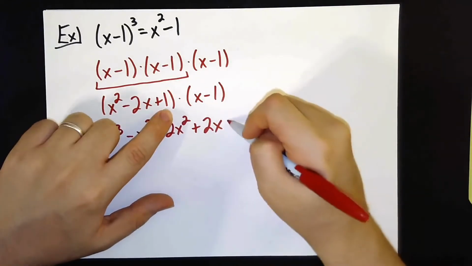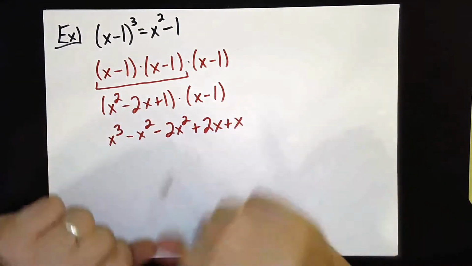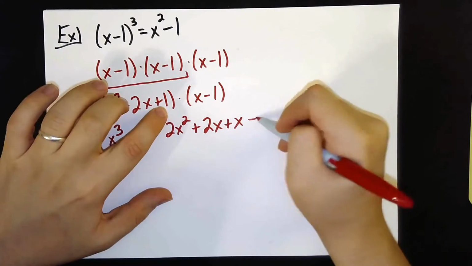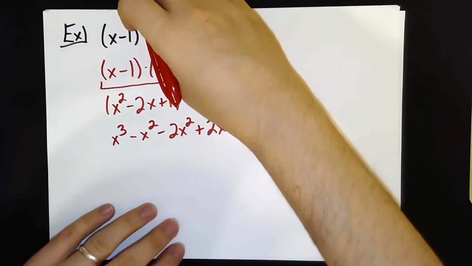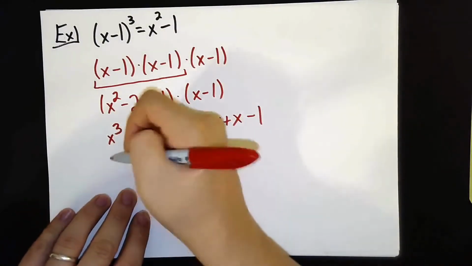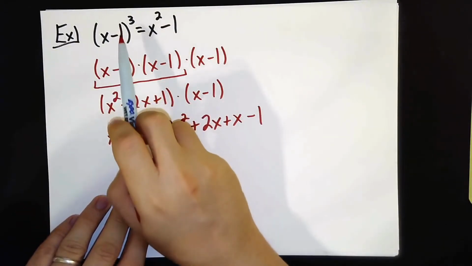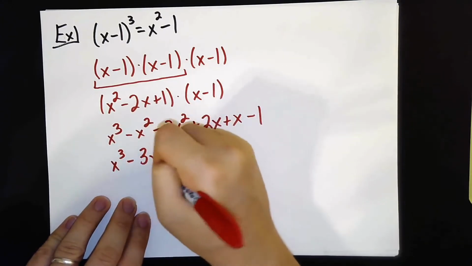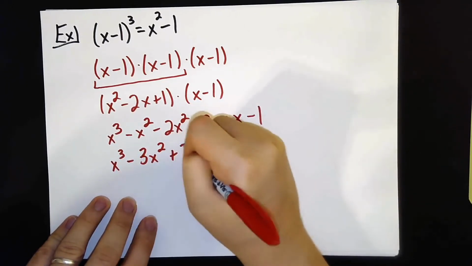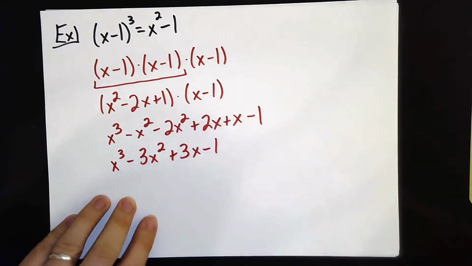And then I have a plus x there, and then a minus 1. Okay, so collapsing all of that as much as possible, I get that x minus 1 cubed is x cubed minus 3x squared plus 3x minus 1.